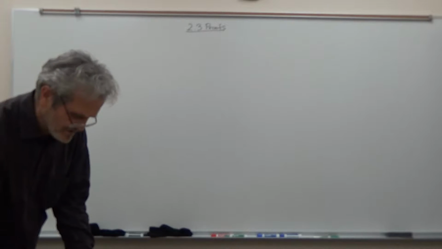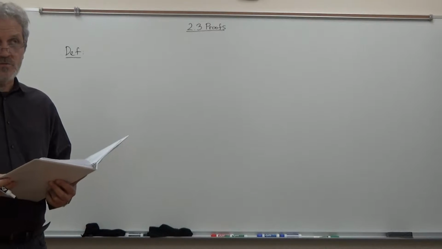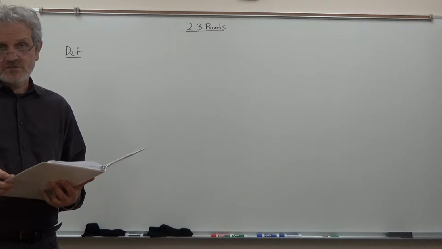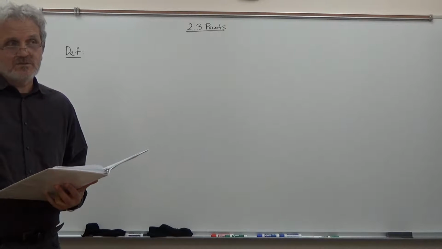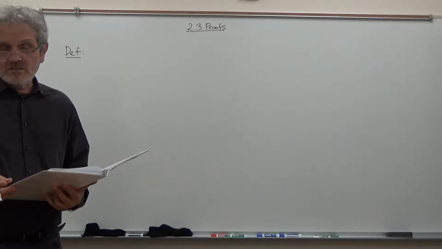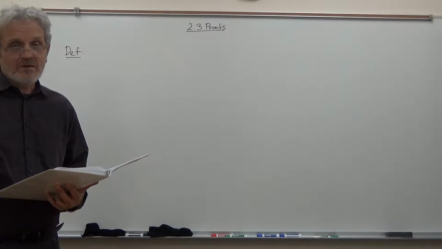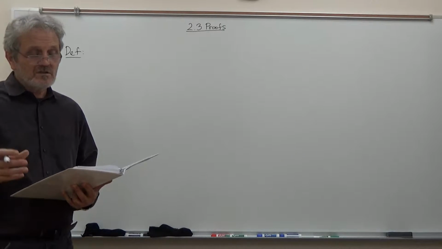So first, definition. In order to write a proof, we have to have precise definitions. Otherwise, we cannot manipulate verbal statements. So we usually need formulas, usually equalities or inequalities, mathematical objects that we can manipulate in a rigorous way.